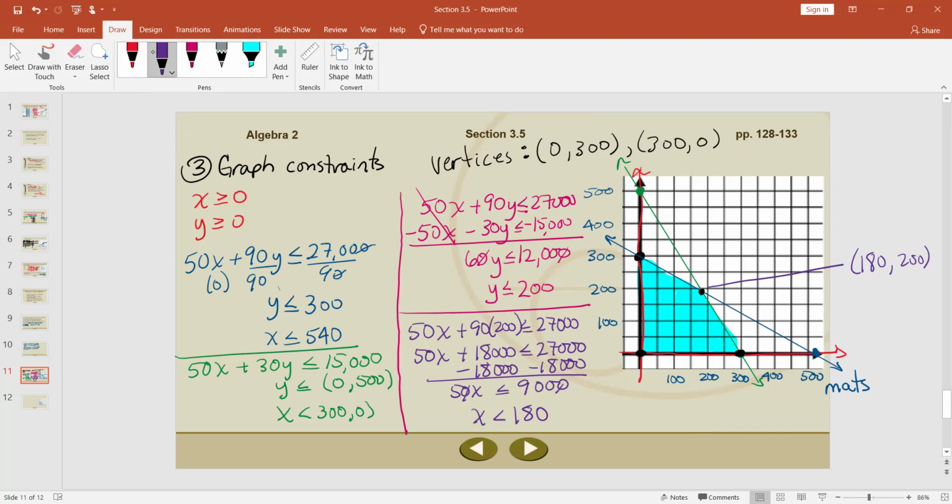Mine looks a little less than 200, but that's probably just because of my graphing ability. It definitely looks pretty close to 180, but it probably just needs to intersect a little bit higher. So it has more to do with me drawing straight lines than anything. That's also why doing it algebraically is so much more accurate to find your points than trying to graph it exactly right on the graph. So that's the last vertex that I was looking for.